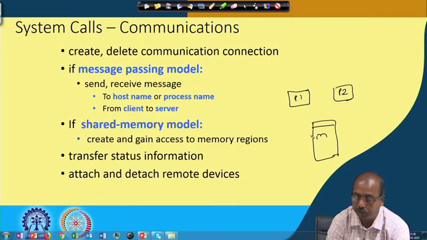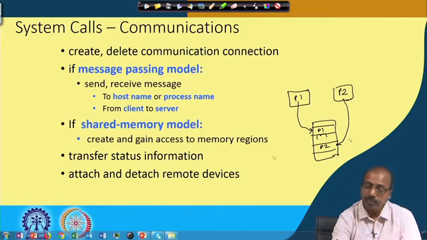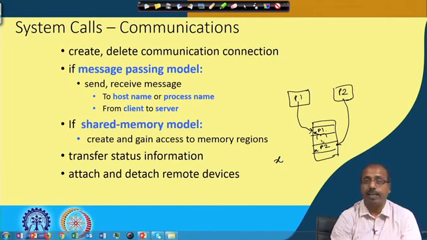This may be the portion of the memory which is dedicated for P1, and this may be the portion of the memory dedicated for P2. Normally when P1 is running, it will be executing this piece of code and P2 will be executing this piece of code. Now, if there is a variable x which P1 and P2 want to share between them, there is no way, because the copy of x that I have in P1, a memory location here, and the copy of x that I have in P2, are not the same x.